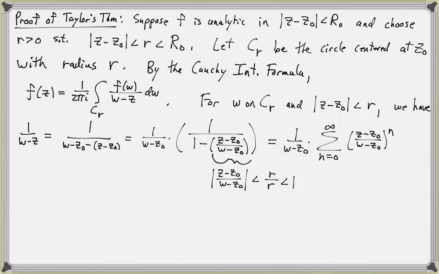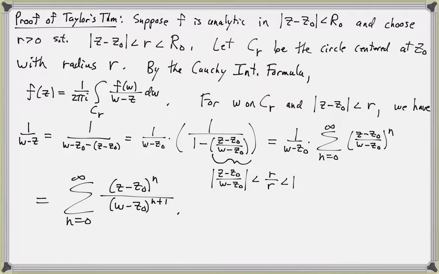And I can bring the factor of w minus z0 into the denominator, and so this equals the series n equals 0 to infinity of (z minus z0) to the power n, with (w minus z0) to the power n plus 1 in the denominator.